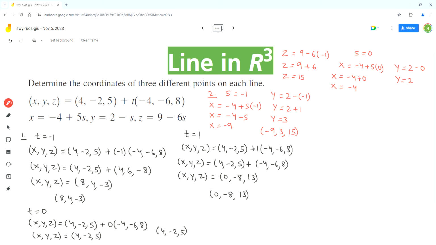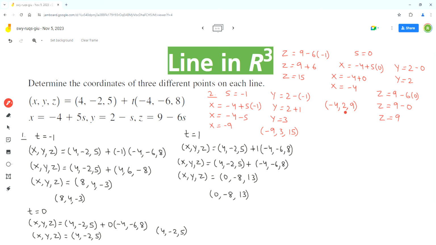Now we can do the same for the z equation. I get z equals 9. So the second point that lies on this line is -4, 2, 9.